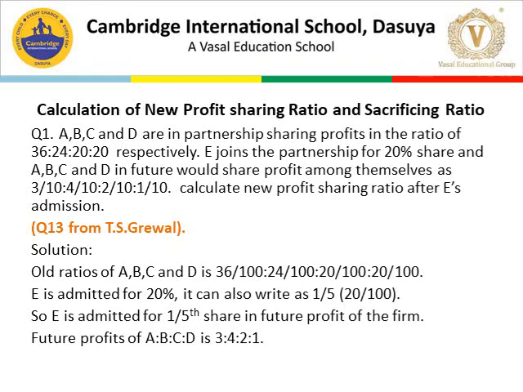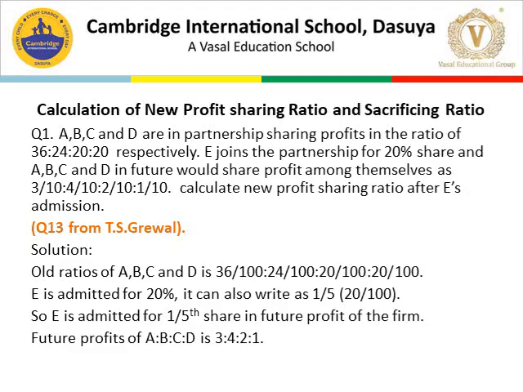First, we have to write down the old ratios of A, B, C and D, which is 36/100 : 24/100 : 20/100 : 20/100. 100 is the total of 36, 24, 20 and 20.